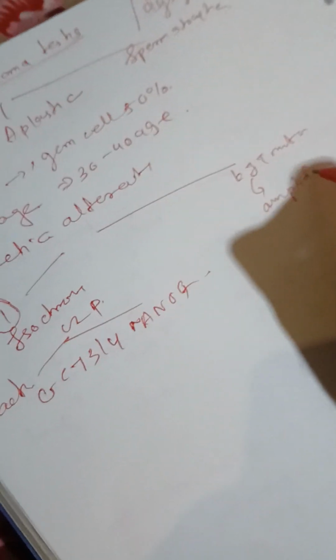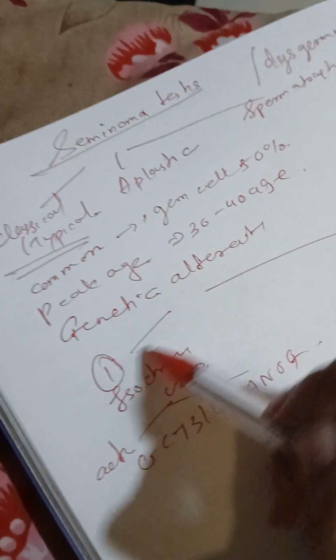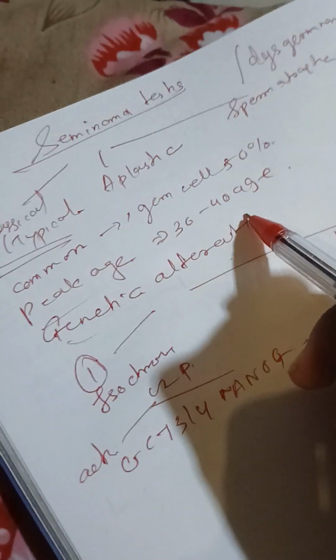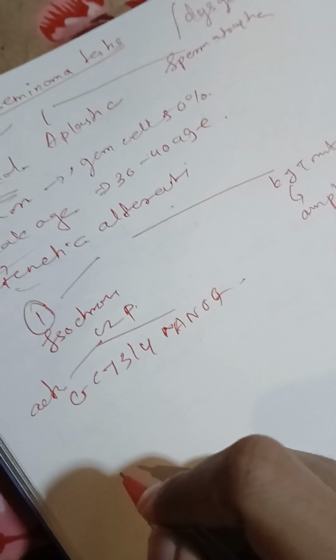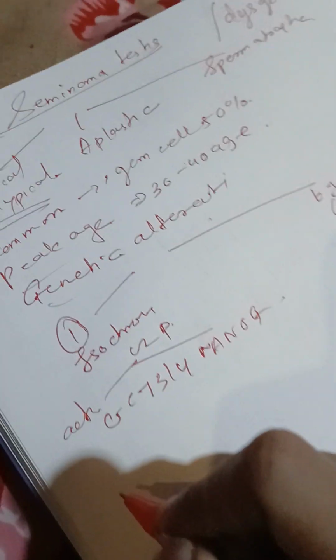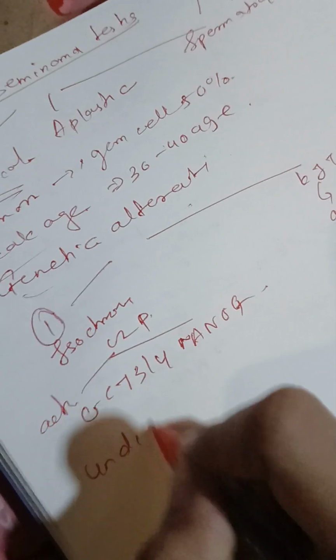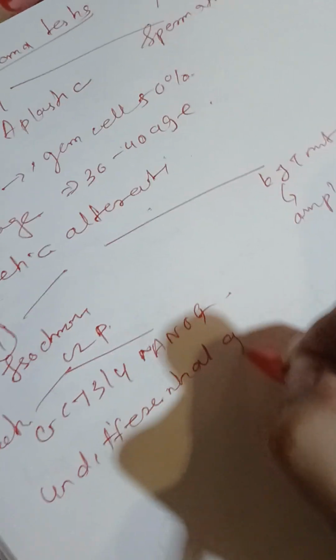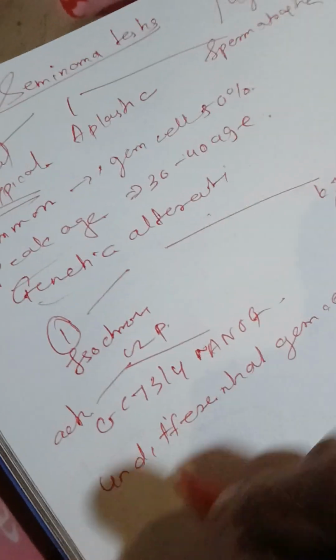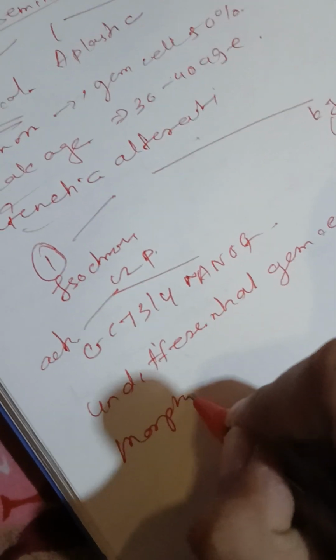These are the two important events that take place. And classical seminoma arises from the undifferentiated germ cells.